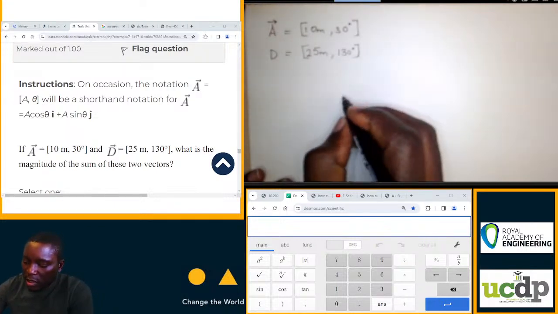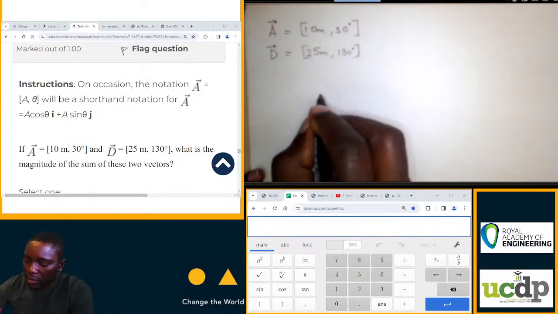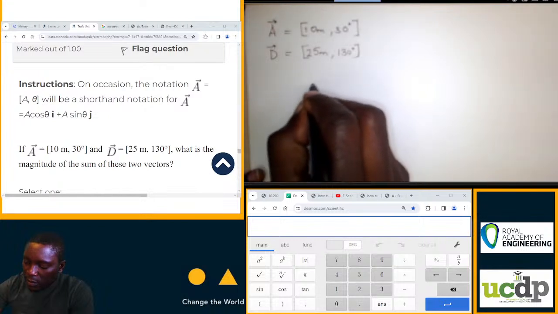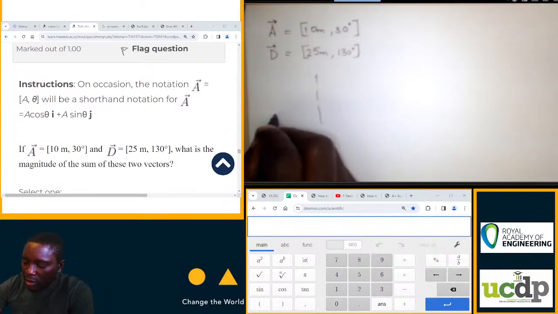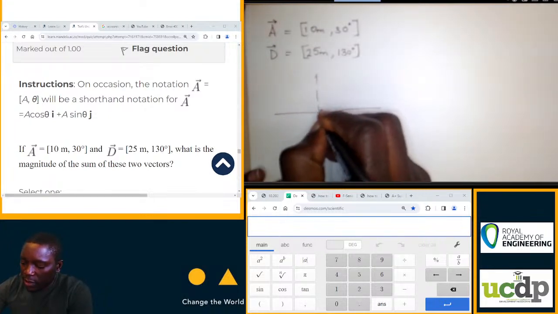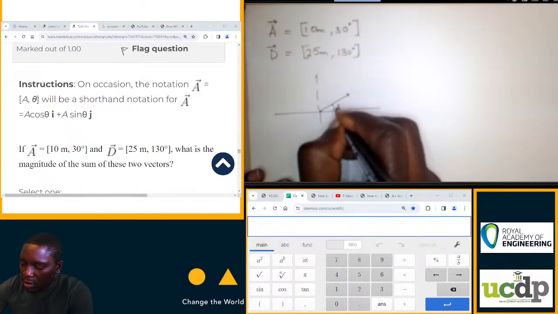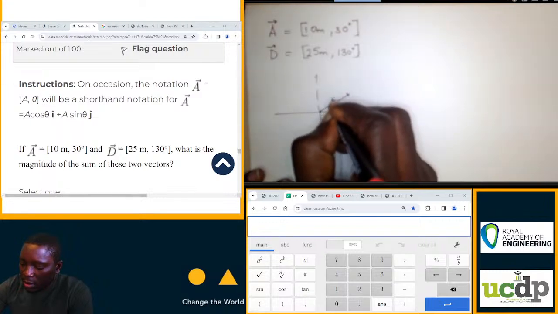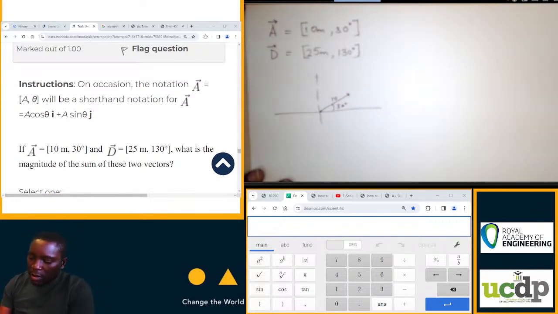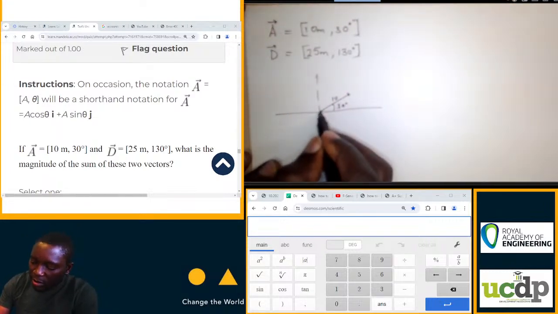If we try and draw the two vectors, let's say we have a Cartesian plane there, then vector A is 10 meters at 30 degrees. This is the 30 degrees there, and that's 10 meters. Then the other one is 25 meters, but at 130, so you know this is 90, 130 will be in that quadrant.